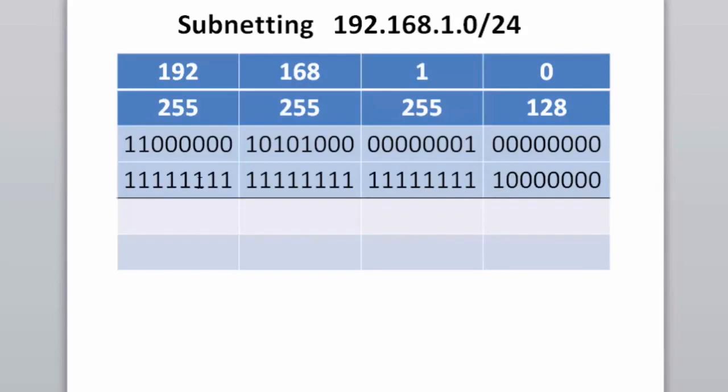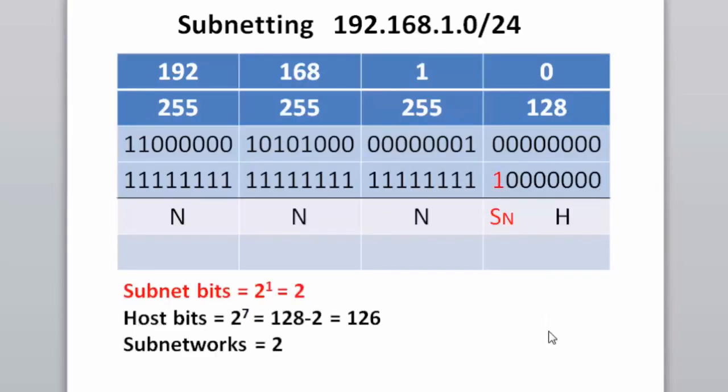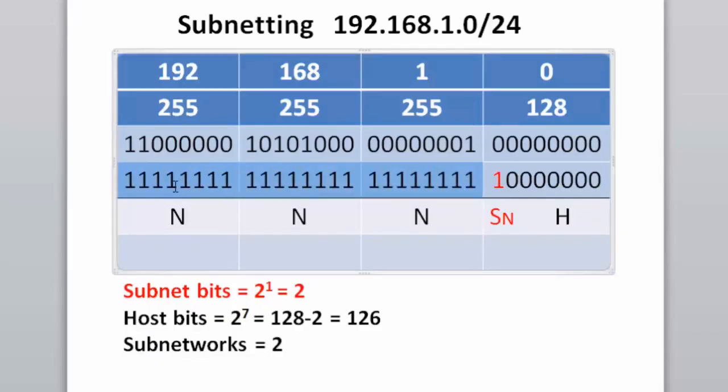This completely changes the nature of the network. We now have a /25 subnet mask, and we only have 7 host bits. So starting from a /24, we have borrowed 1 bit from the host portion. We call this 1 bit a subnet bit. If we look at it from the perspective that we started with /24, we've added 1 bit.